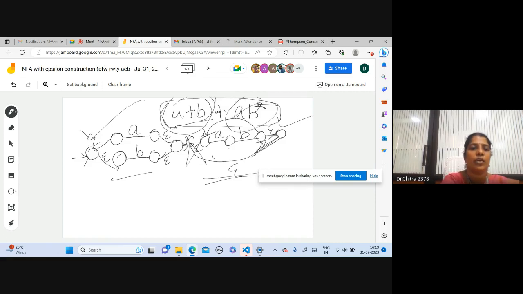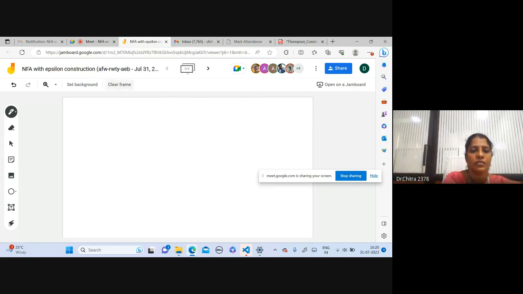To indicate that, how do you draw it? First draw A plus B. This is A plus B and plus AB star. AB star, I am going to draw the AB star.